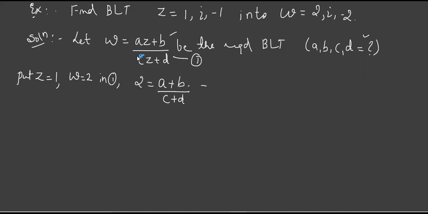Now just cross multiply and take all the terms on one side. To get the values of 4 unknowns, we should have 4 equations in 4 unknowns, so we are constructing those equations with the help of the given conditions. Now this is a plus b. First we'll cross multiply. If I shift my c plus d here, it becomes 2c plus 2d.